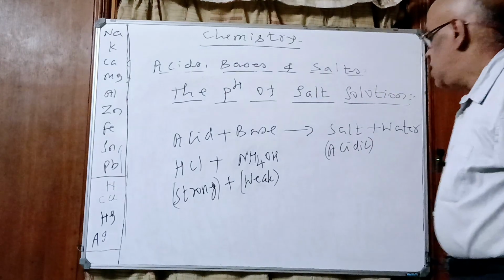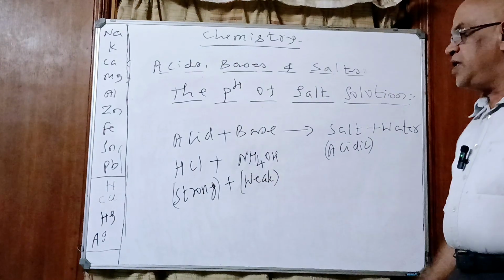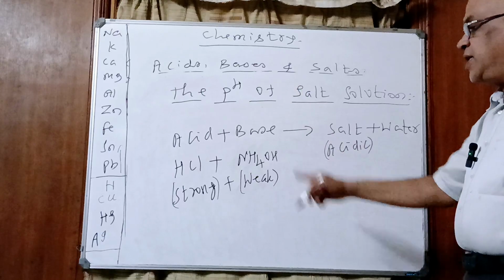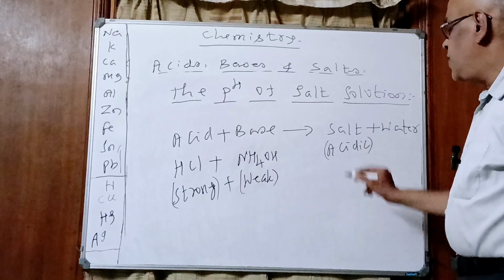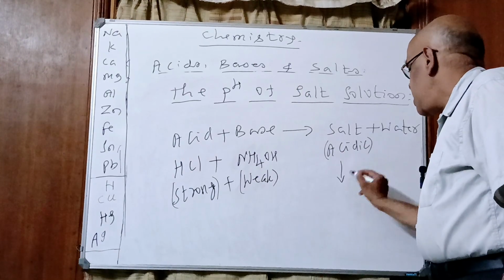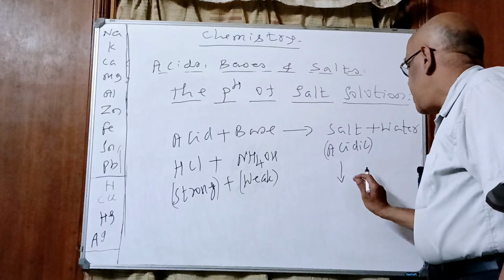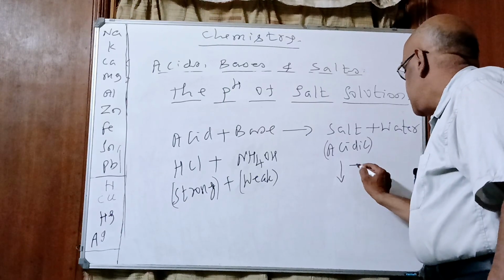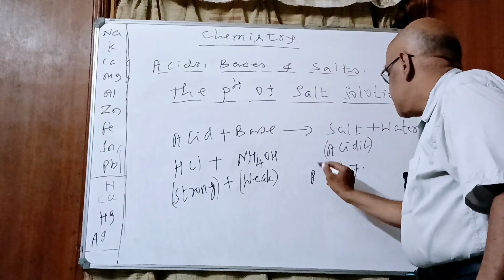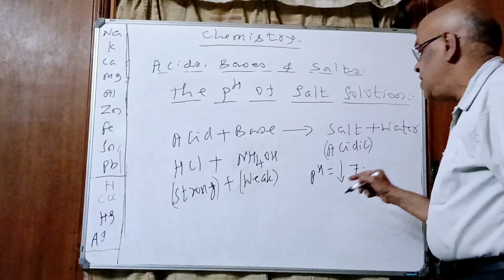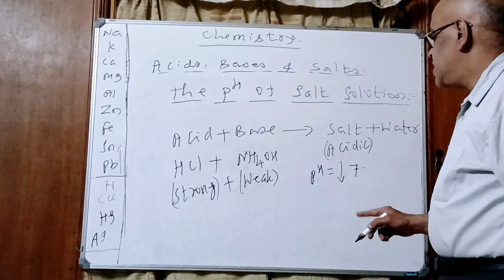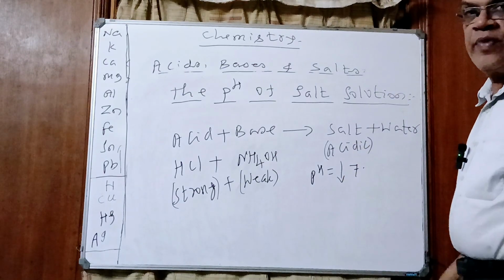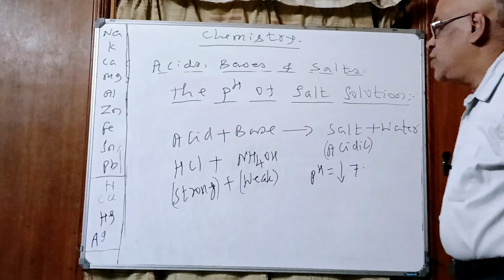Acidic salt. Why acidic salt? Because it is formed from a strong acid and a weak base. What will be its pH? Its pH will be less than 7. Whose pH is less than 7? Acidic salt. Understood?